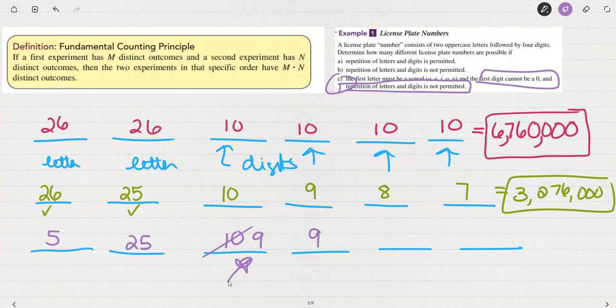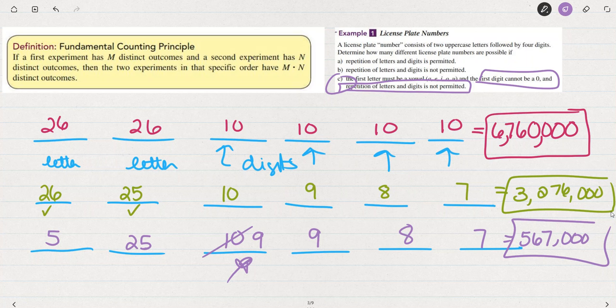So there's 9 digits left, and then there's 8 left, and then there's 7. When you multiply this through, I believe that you'll find that there are 567,000 different options available. But try the multiplication yourself: 5 times 25 times 9 times 9 times 8 times 7.